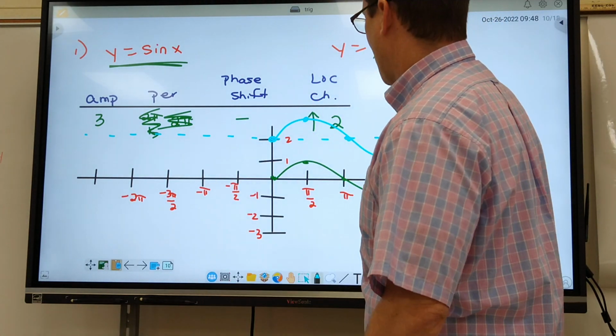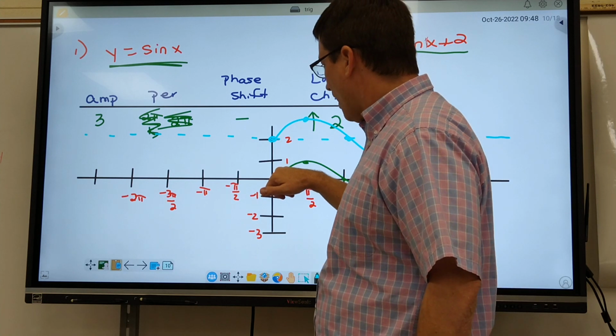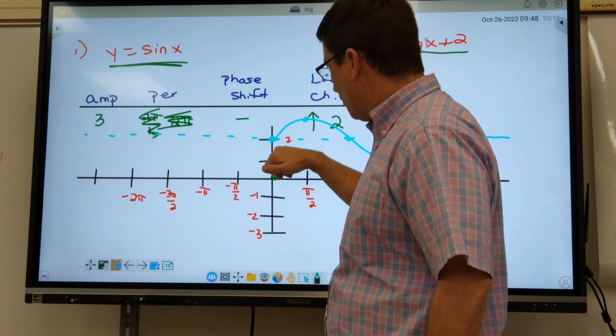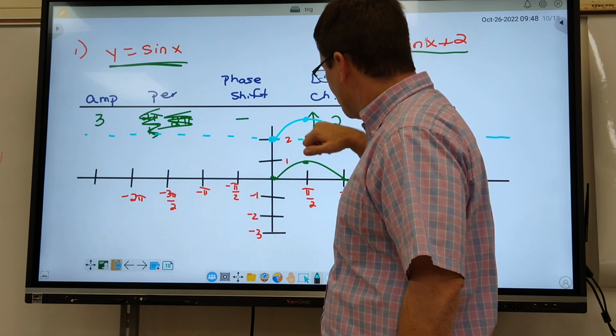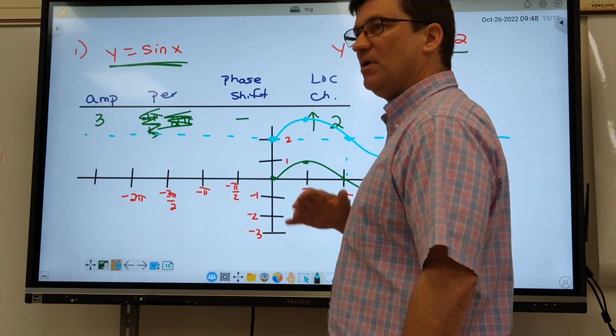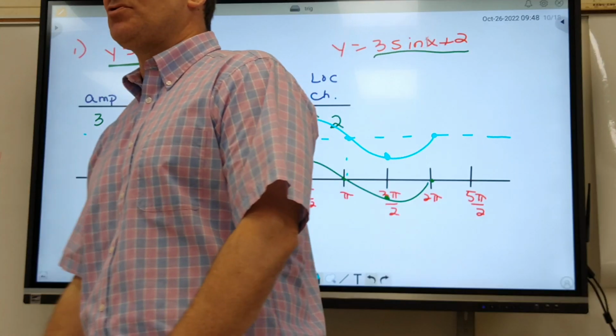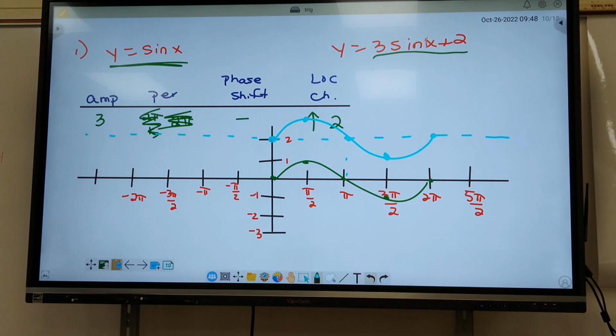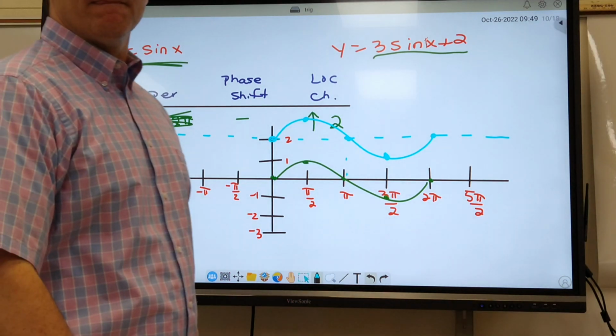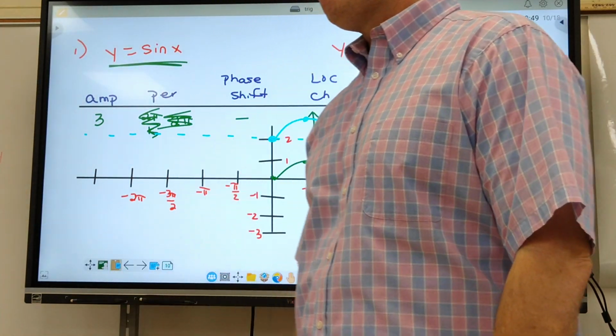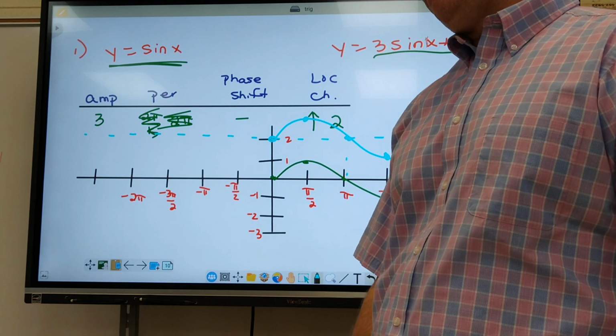You've done that. Now, every point you see right here, move it up 2 spaces. So that one, 1, 2. That one, 1, 2. Move every point up 2 spaces and redraw your sine graph. All right, good on that step?